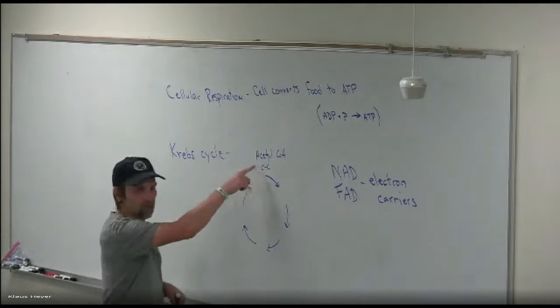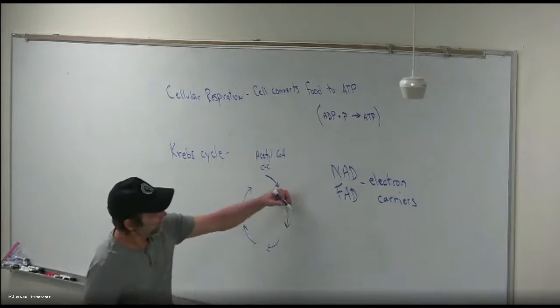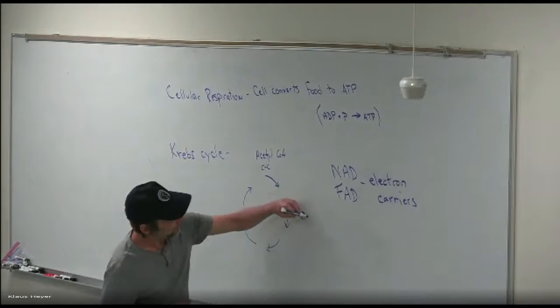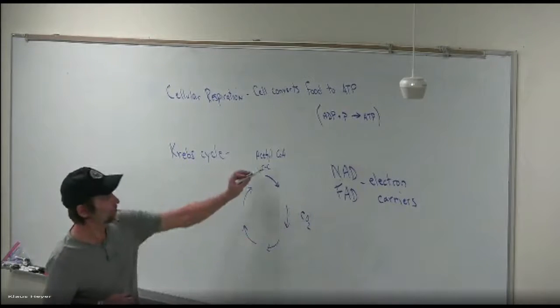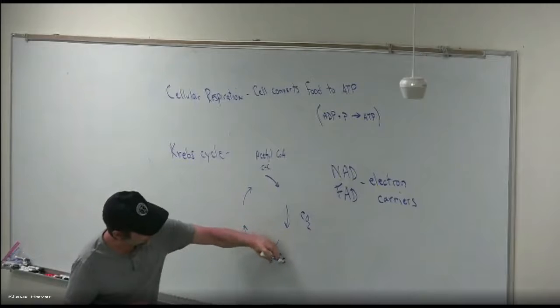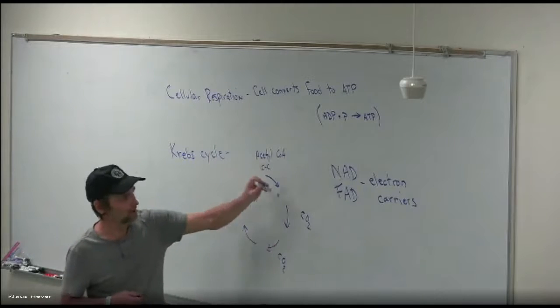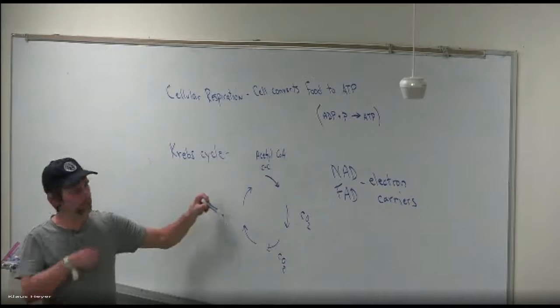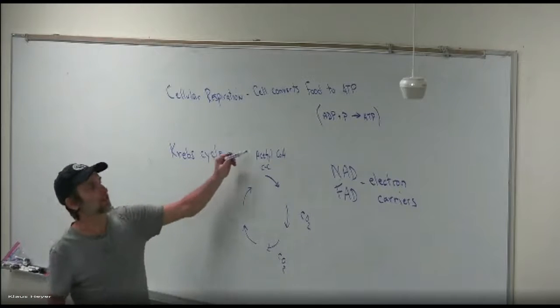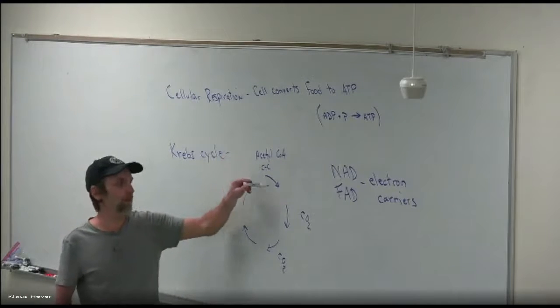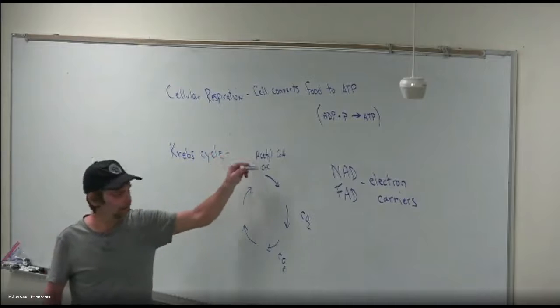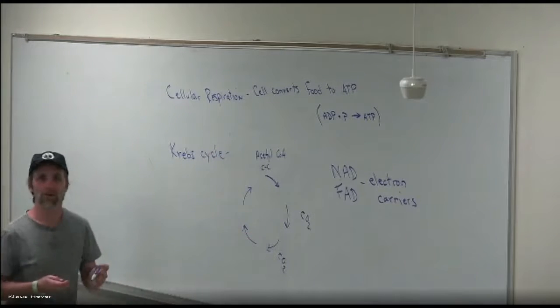As it goes through, here's 1 carbon that becomes carbon dioxide. Here's the other carbon later on. It becomes carbon dioxide, and then now it's nothing. Then it's going to grab another one. This Krebs cycle is going to grab another acetyl-CoA. Same thing, rip it apart.